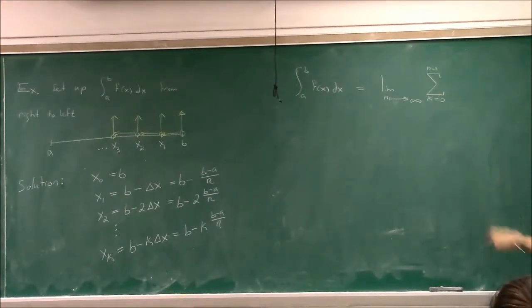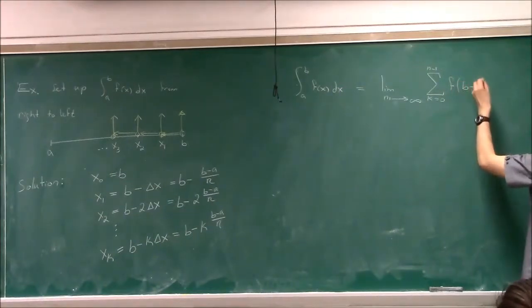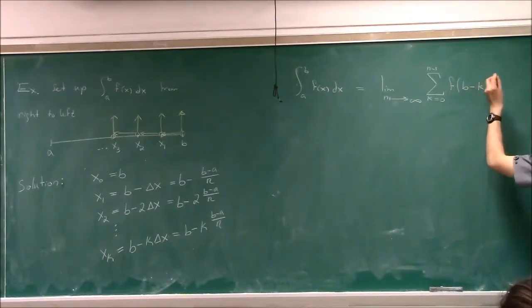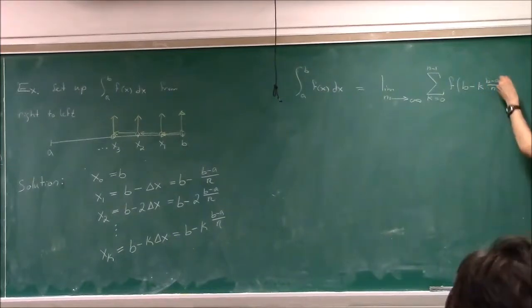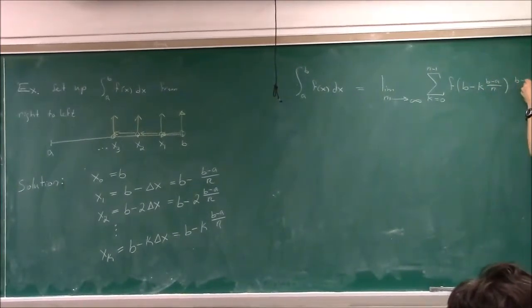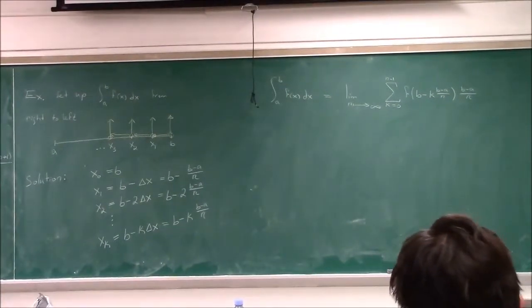So now I have n rectangles. You see, from 0 to n minus 1, it's exactly n rectangles. And then I have f of b minus k times (b minus a) over n, times (b minus a) over n. So this is another representation of the rectangle, but now starting from b.